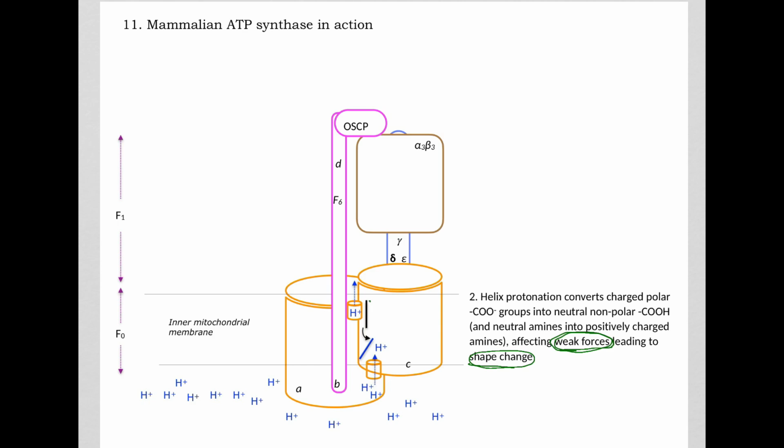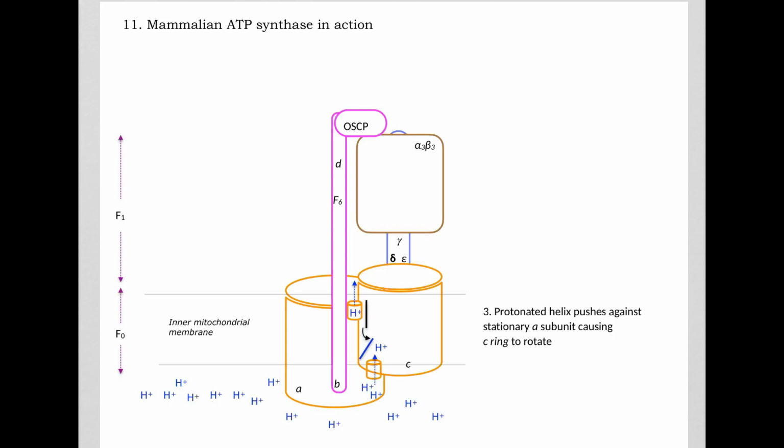So you can see the helix is shown here vertical. Here it is shown at an angle. Because of this shape change, the helix is now pushing against the A subunit. You can see it is pushing against the A subunit.